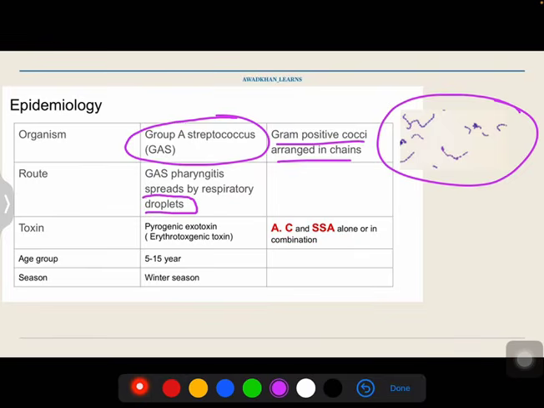Toxin involved is pyrogenic exotoxin, which is also known as erythrogenic toxin, and toxins are A, C, and SSA. Alone or in a combination, they can cause scarlatiniform rash. Rash and the sickness is due to these toxins. Age group is usually 5 to 15 years, and the season is winter and early spring.